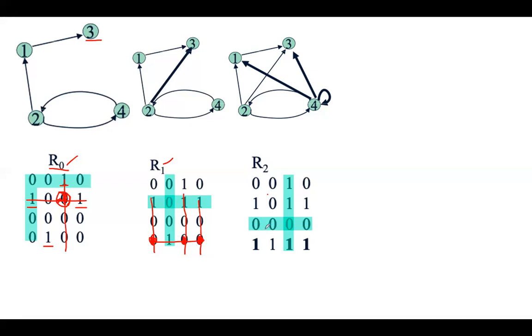So the result of this operation will not make any changes to the matrix. The matrix will remain the same. From R2, if you go to the R3 matrix, there are no changes. You got the new matrix, but there are no changes in it. The graph will also remain the same. There are no changes to the graph.